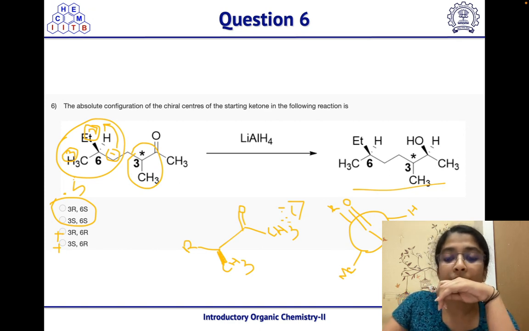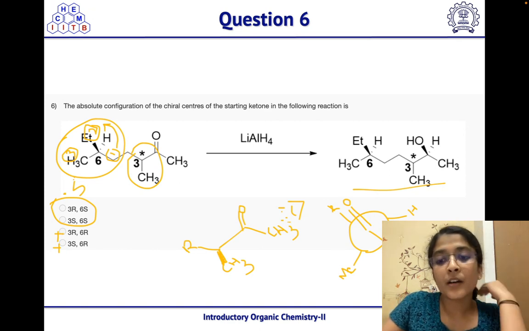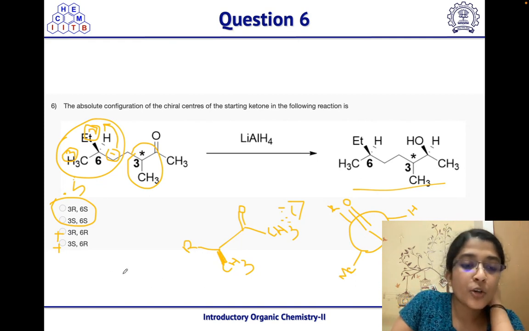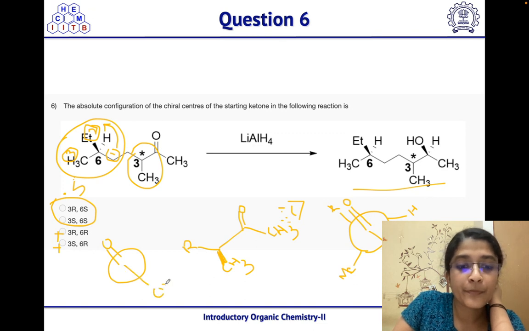So this we can redraw into the major conformation according to the Felkin Anh model. So how will it be? Here the bulky group is R group, so that should be perpendicular to the carbonyl. So if we draw this R group perpendicular to the carbonyl, it will come like this.